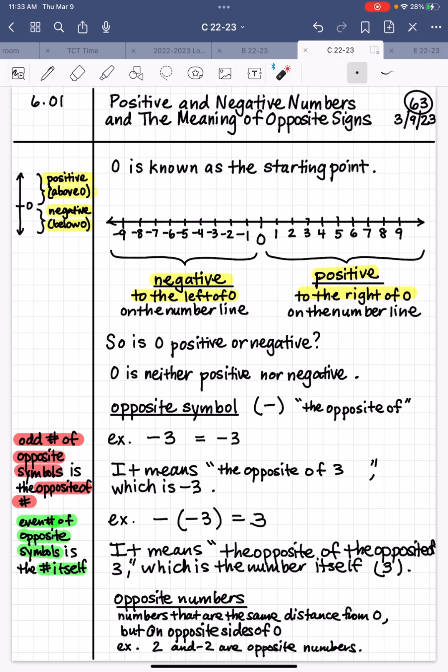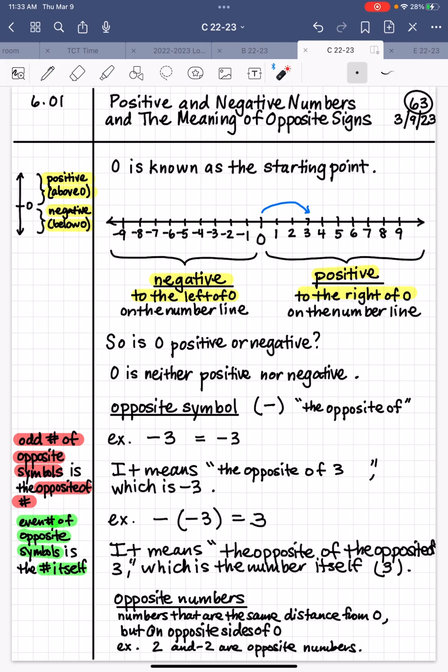All right, so now that we have that, we know what opposite numbers are. Let's talk about this now, okay? This says, let's do direct translation by reading the symbols in front of the number. It says the opposite of the opposite of 3. So what I would do is I would start at 0. I'm going to do this in blue so you can see. I'm going to start at 0 and go to the number 3.